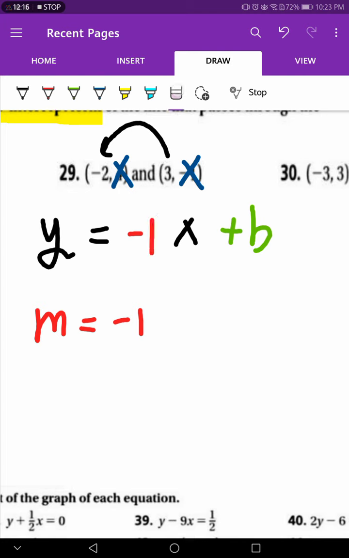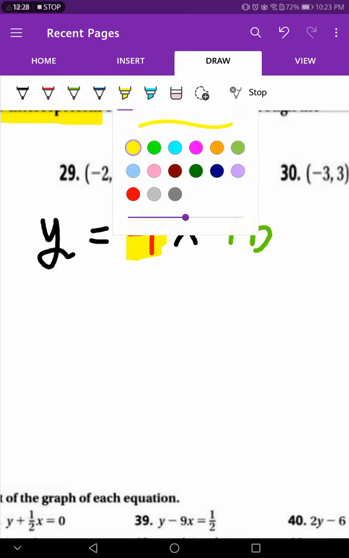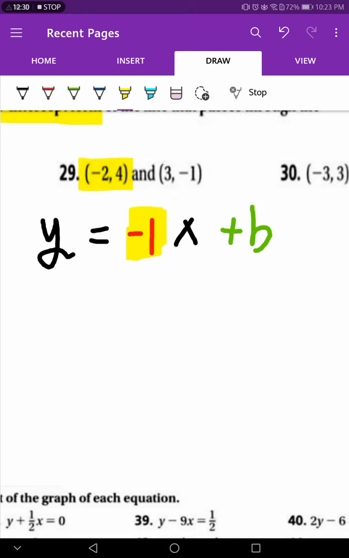Okay. Now, how can I find the b? I'm done from the m, and I find it is -1. So now I move to choose one of the ordered pairs. Maybe this or this, and you are free to choose any one. It is up to you, but choose the easy one for you.